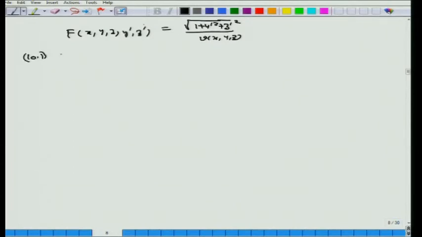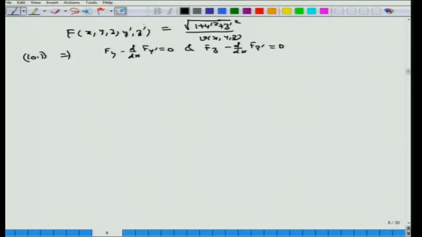And so 10.1 implies that f y minus d by dx of f y prime equal to 0 and f z minus d by dx of f z prime equal to 0.